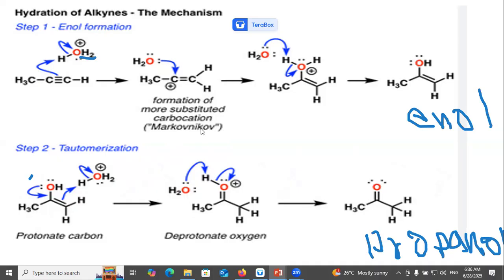The positively charged carbon is attacked by water molecule, and again loss of hydrogen and produces enol. Again tautomerization, deprotonation, and produces propanone.